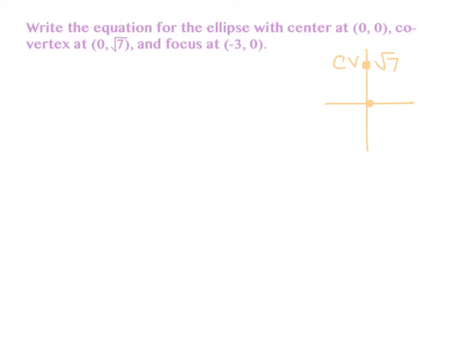And the focus is at -3. So what this gives us is that it's going to be horizontal. It gives us a B value, because B goes to the co-vertices, of the square root of 7. It gives us a C value of 3.